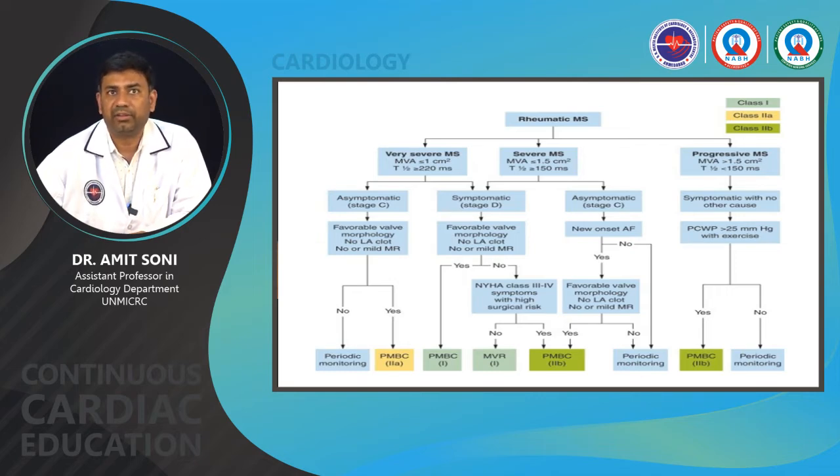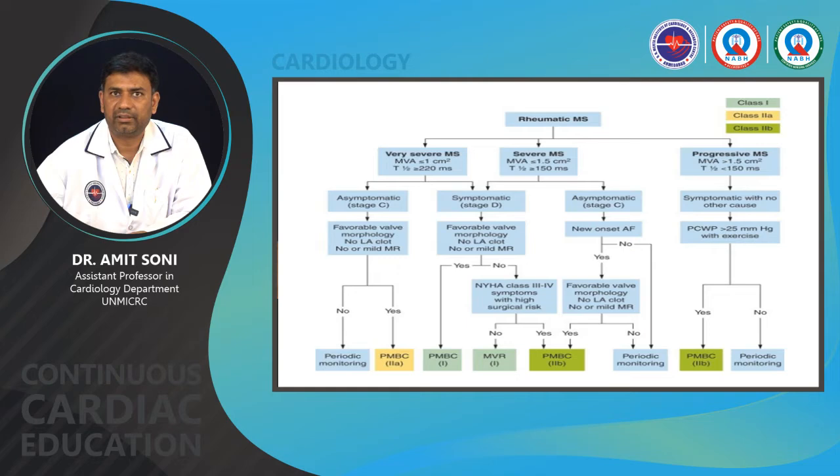If the valve morphology is not suitable and patient is in NYHA 3-4 symptoms with very high surgical risk, then PTMC is a class 2B indication. If the valve morphology in a symptomatic patient is not suitable, then we will go for mitral valve replacement, a class 1 indication.